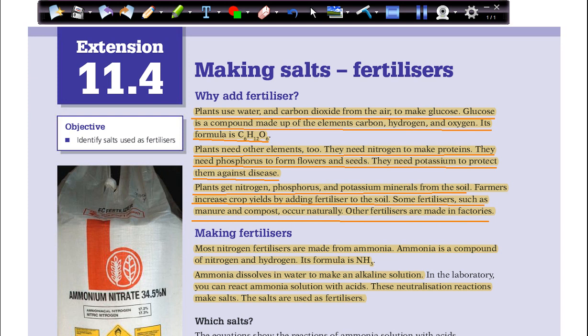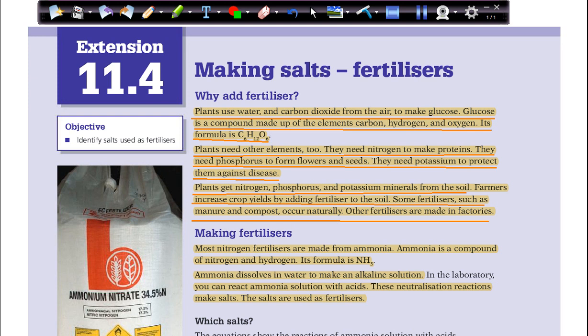So as we said, plants can take these elements from the soil, but farmers add fertilizers to increase the amount of these elements in the soil, to increase the yield, which is the production of flowers, seeds, and fruits.